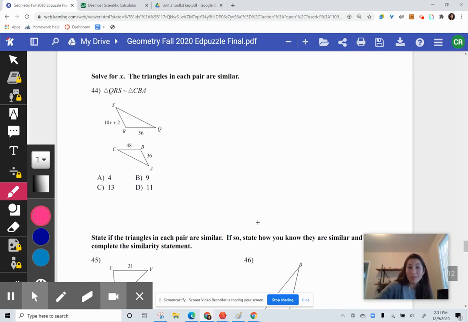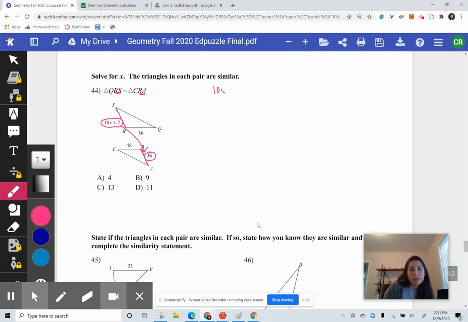We have triangle similarity. So we want to highlight the sides that match up with each other the same. So SR here, which is 10x plus 2, that's this SR here, our S, that's going to match up with AB. It's in the same order. So I'm going to put those over each other in a ratio.